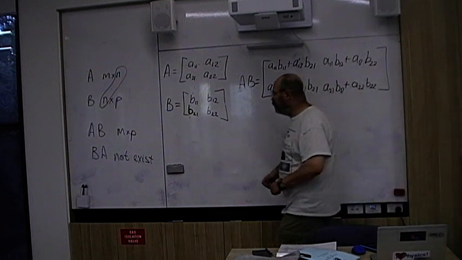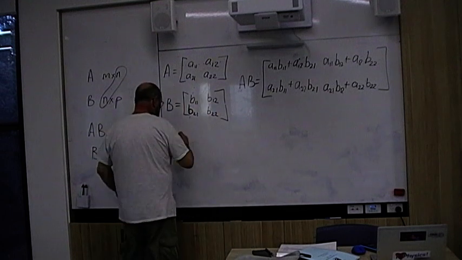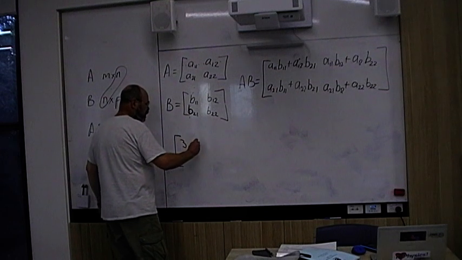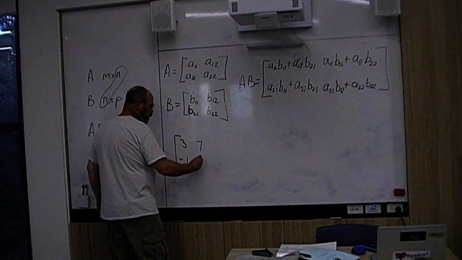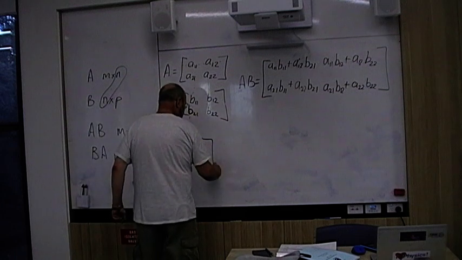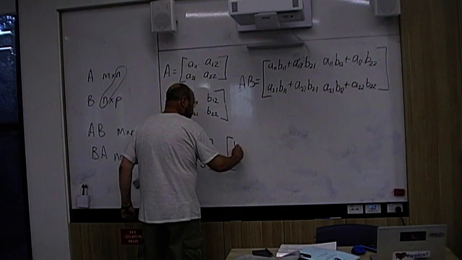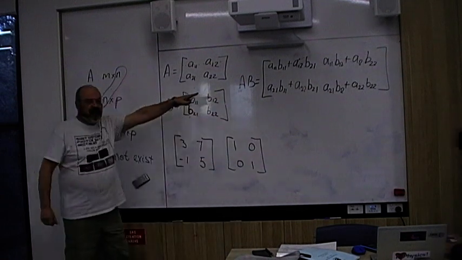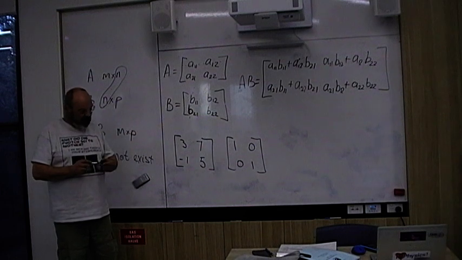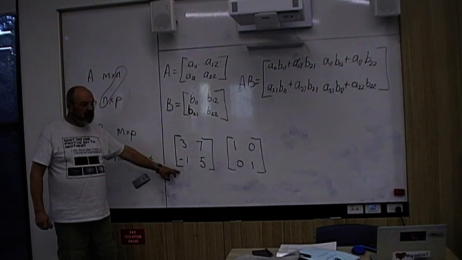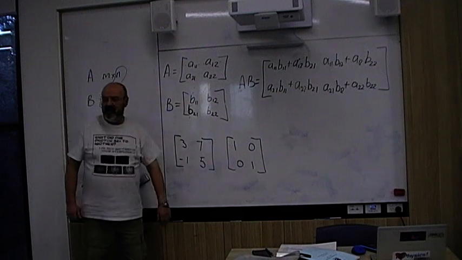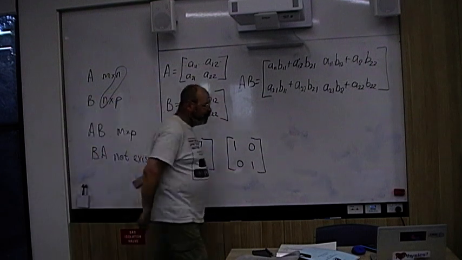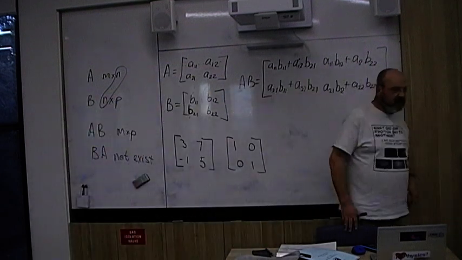Now, by hand, let's multiply the next two matrices. Multiply matrix 3, 7, minus 1, 5, by the identity matrix 1, 0, 0, 1, using this method.